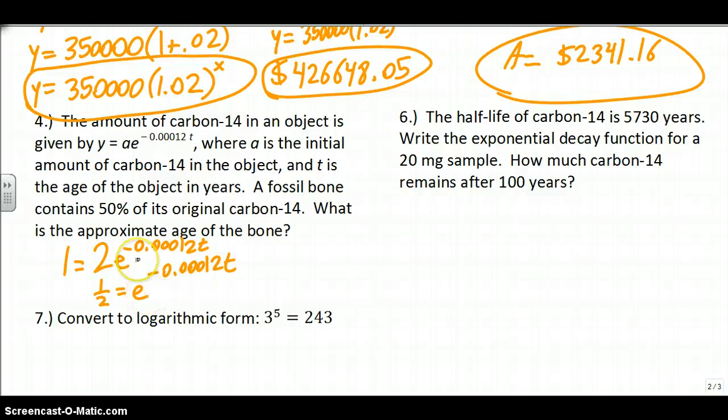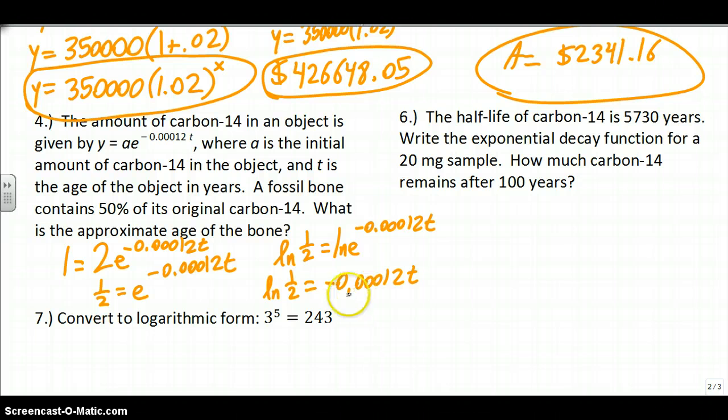I'm going to natural log both sides, since it's E. So natural log of 1/2 equals the natural log of E to that obnoxious power. But what is the natural log of E? It's 1, so it cancels. So we get natural log of 1/2 equals this. So T is going to equal the natural log of 1/2 divided by this crazy decimal.